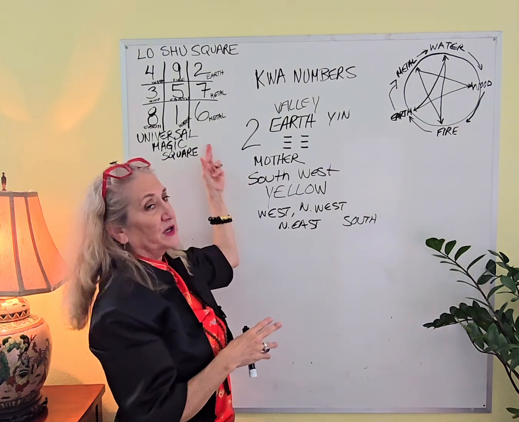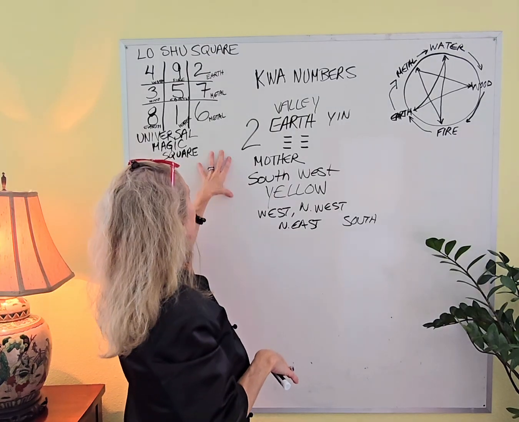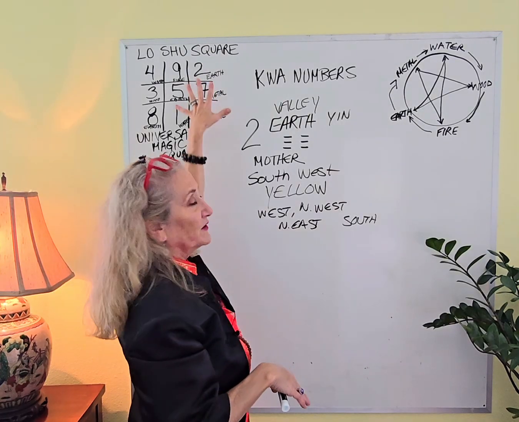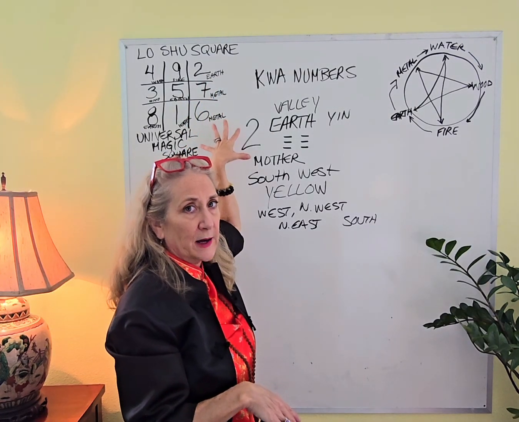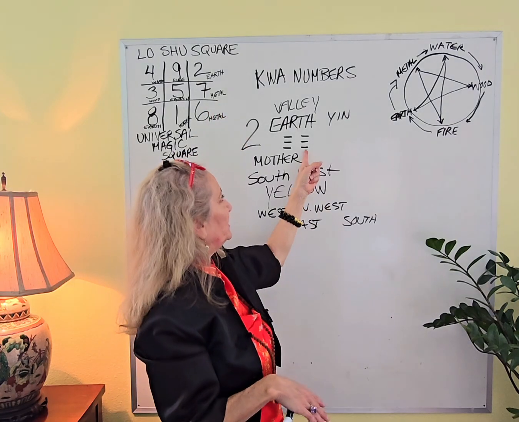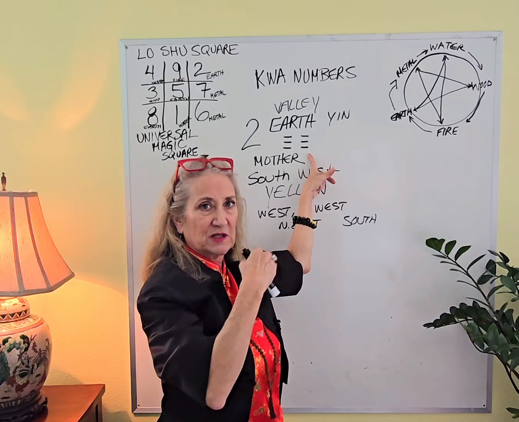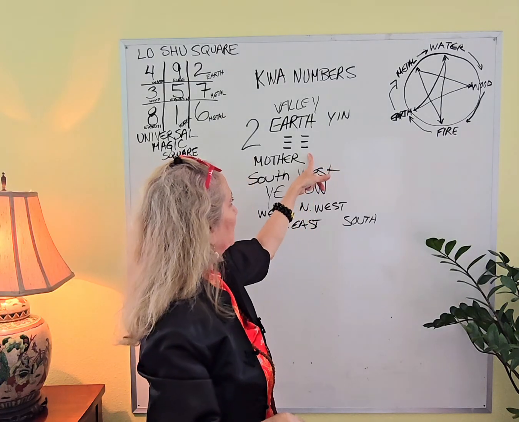So all of the 9 numbers, and there are 9 of them, we'll be going over that little by little. All of these have an element attached to them, a direction in space to them, and the I Ching, which I'm introducing a little bit of today, right? So you can see how deep this all goes.